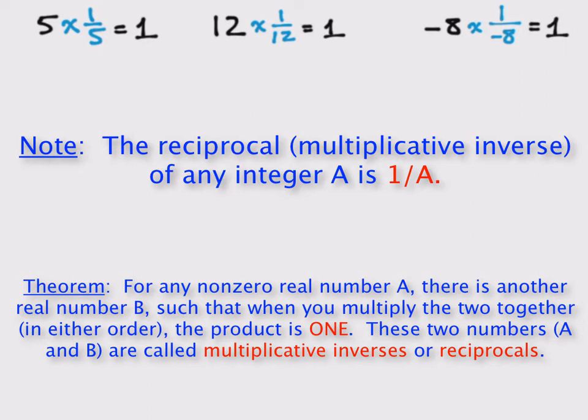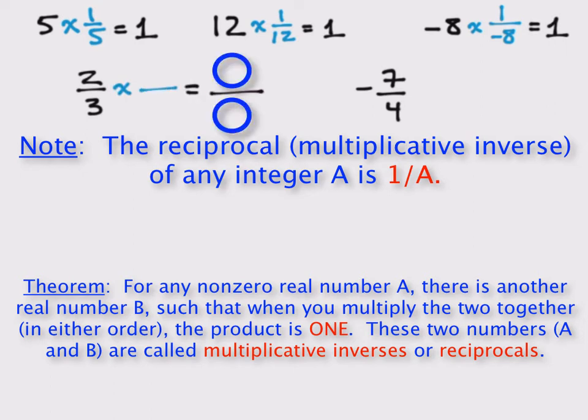But what about fractions? How do we find the multiplicative inverse of a fraction? For instance, 2/3 or negative 7/4. Let's start with 2/3. We're going to have to multiply 2/3 by something so that we end up with a fraction in which the numerator and denominator are exactly the same, because if the numerator and denominator are exactly the same, we'll end up with 1. So let's think.